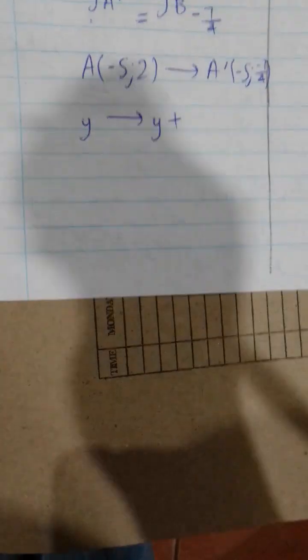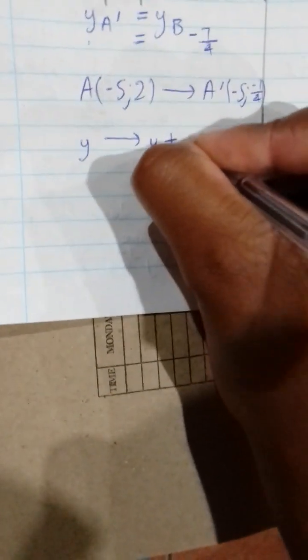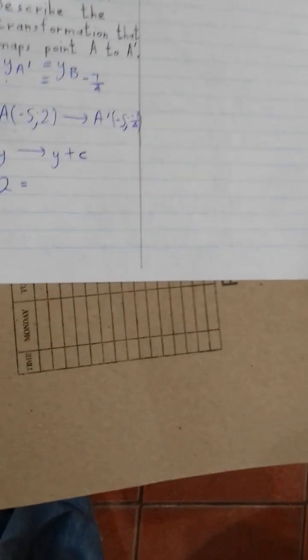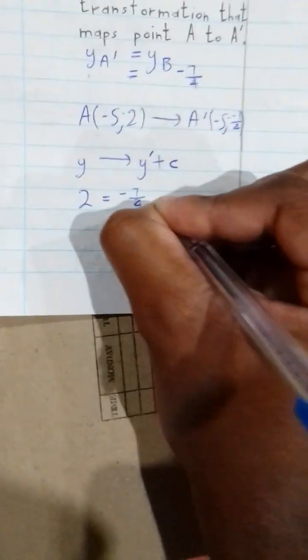So y becomes y plus b. y is 2, the new y is y prime, negative 7 over 4, plus b, sorry, plus b.